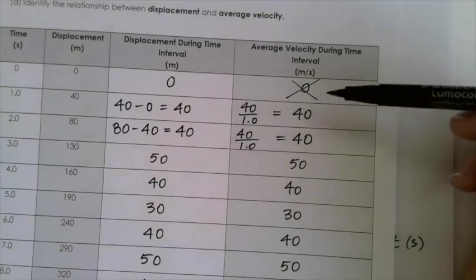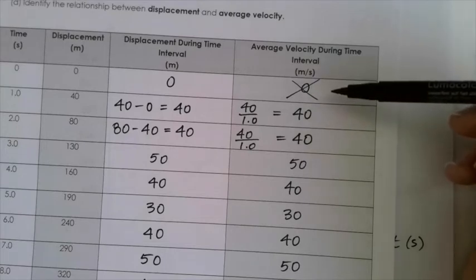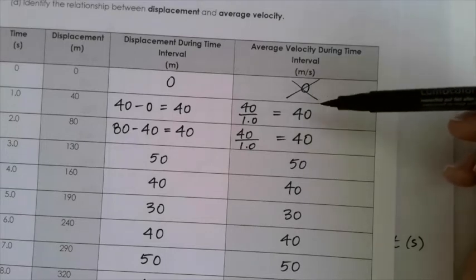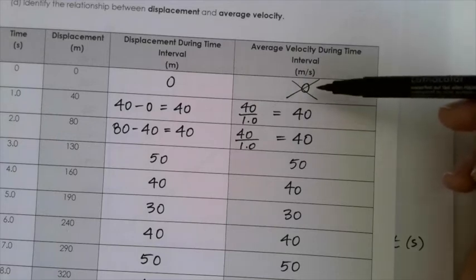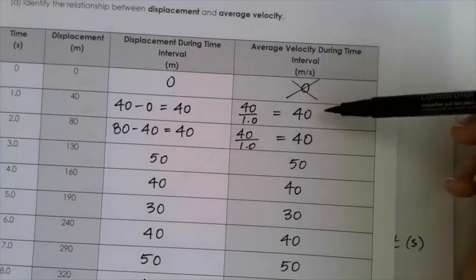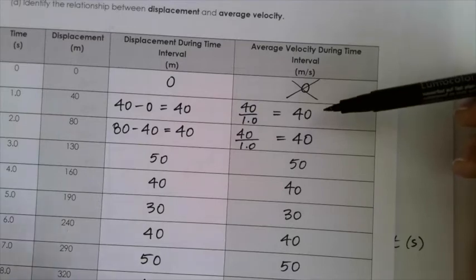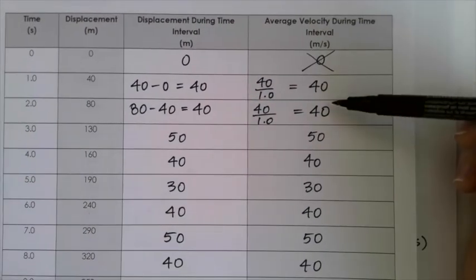So we're going to leave this one out because we're assuming that the average velocity was 0 during that time interval. It hadn't started yet. Obviously the mystery object is accelerating during this range, and it's okay to leave that out, and I'll talk more about that later. So start with your first data point at 40 meters per second.